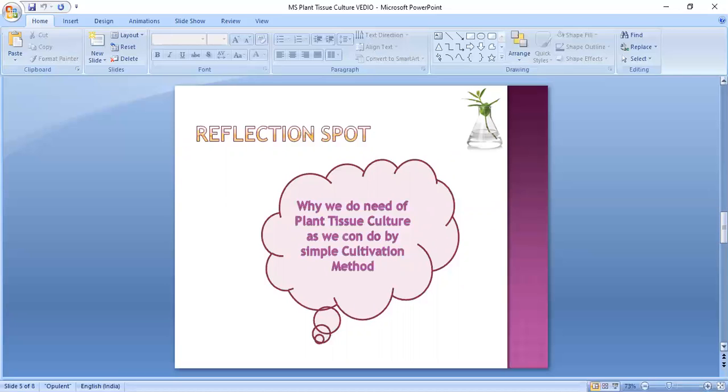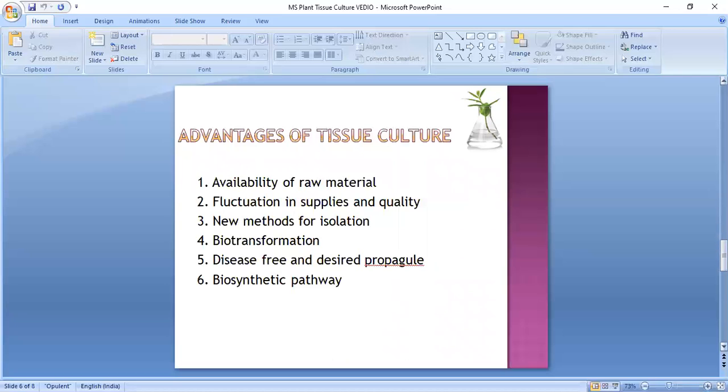Next slide. Advantages of tissue culture. The first advantage is availability of raw material. Some plants are very difficult to cultivate and are also not available in abundance.